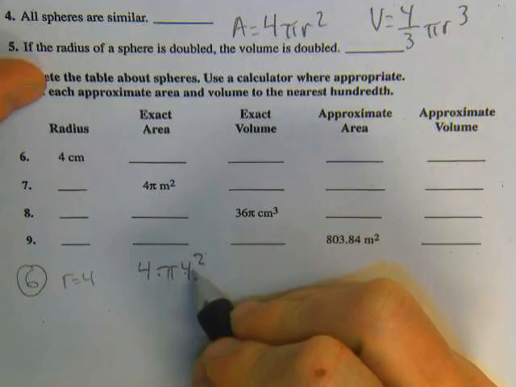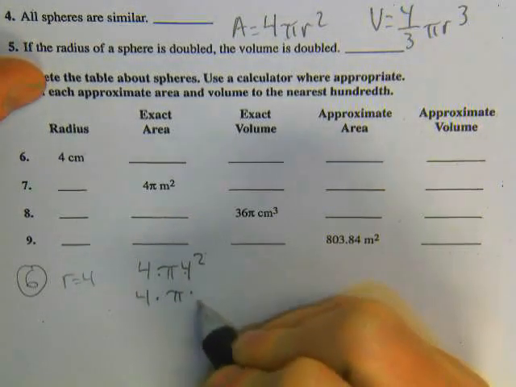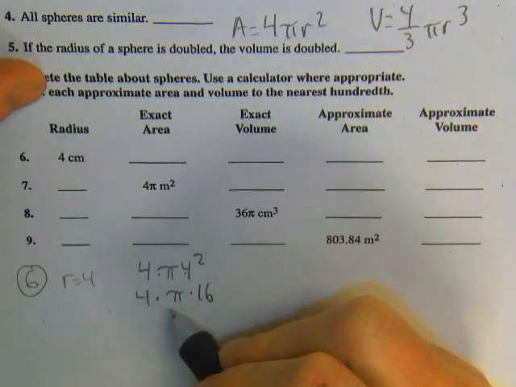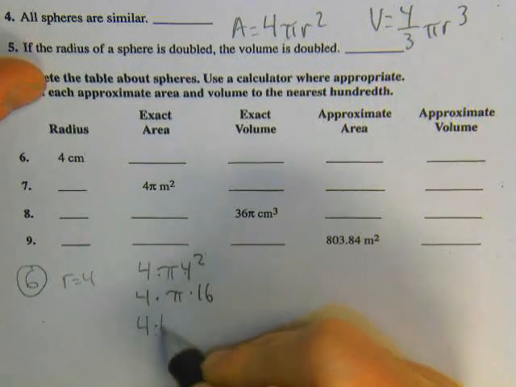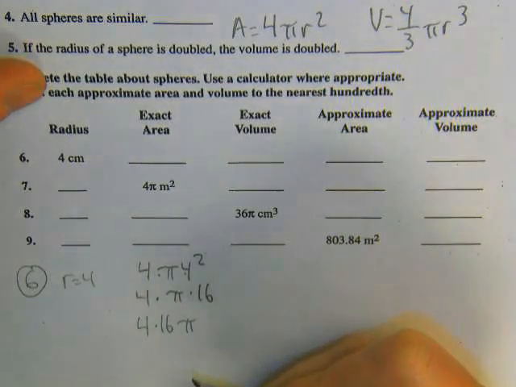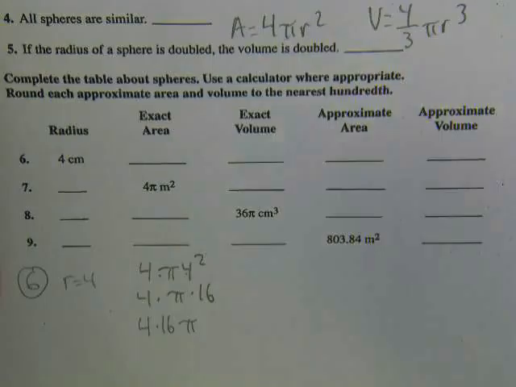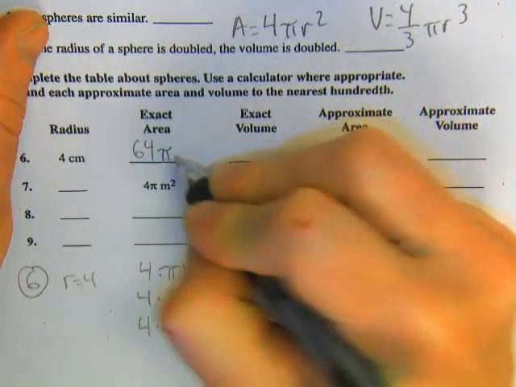I'm first going to do the exponent. So I get 4 times pi times 16, and then I'm going to move the numbers together and leave pi by itself. So 4 times 16 times pi. When I do that on my calculator, or I just use my head, that is 64. So 64 pi is the exact.